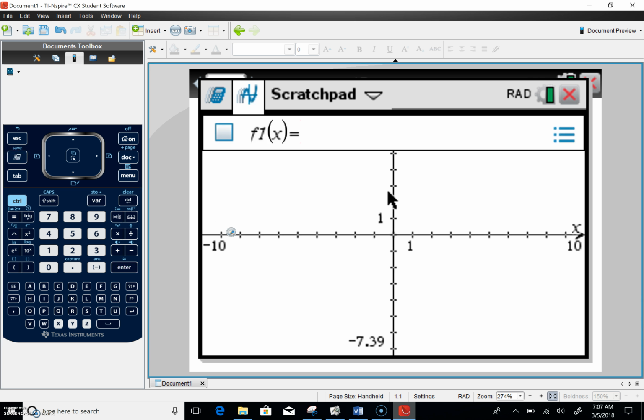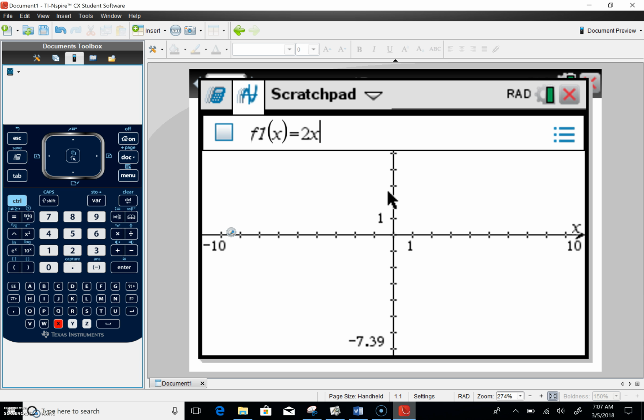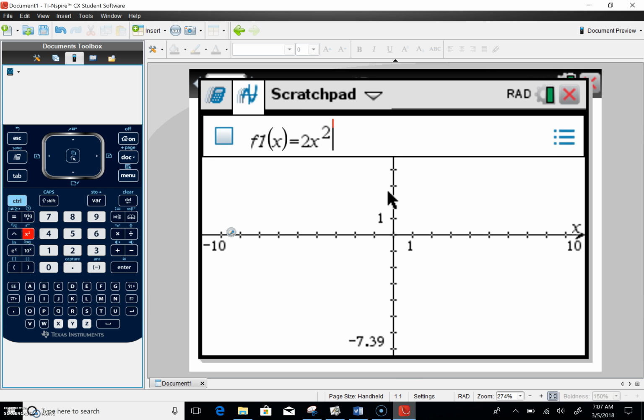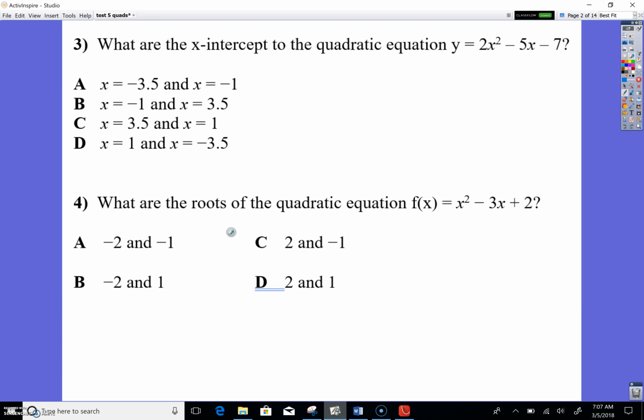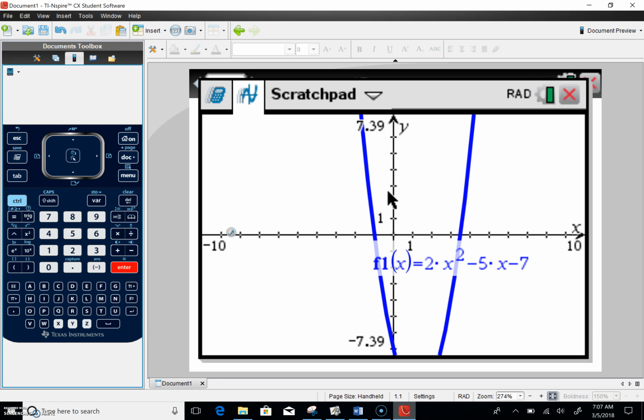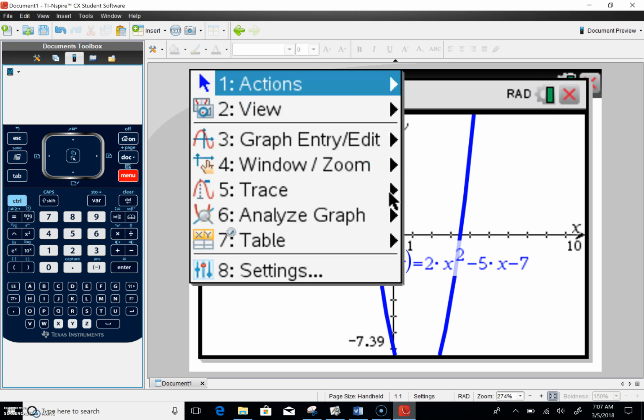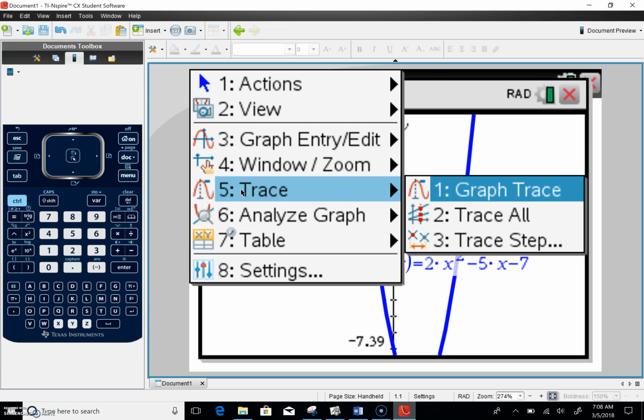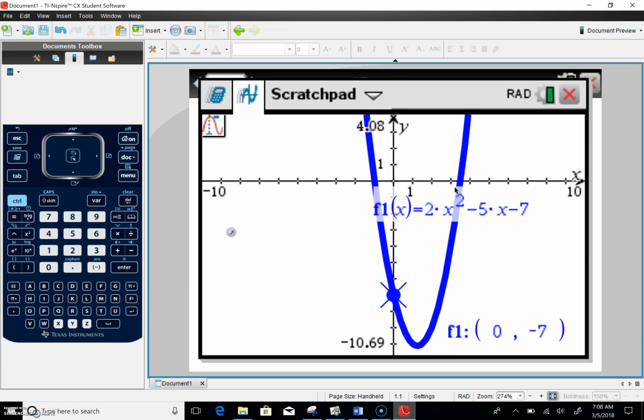Once we get to here, we go to menu, trace, graph trace. Okay, so it's right there.